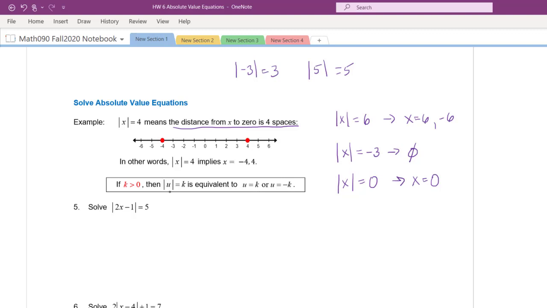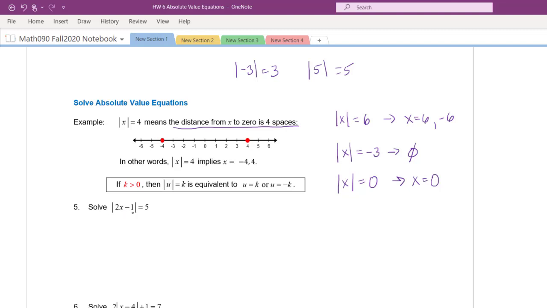But you can have something more complicated than x inside your absolute values. And as long as it's set equal to a positive number, you just split your equation into two different cases. One with the positive number and one with the negative number. So I have it as number 5 here. It's kind of number 1, I guess, for us.